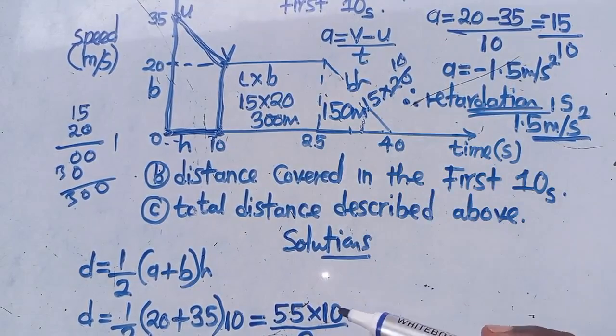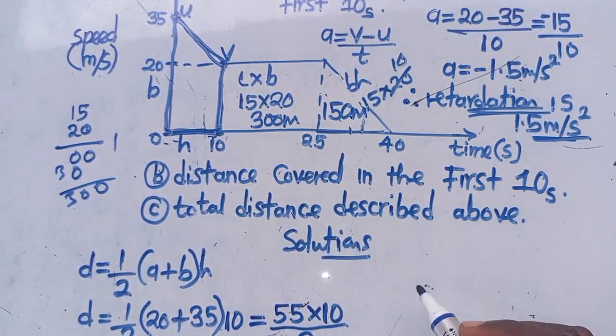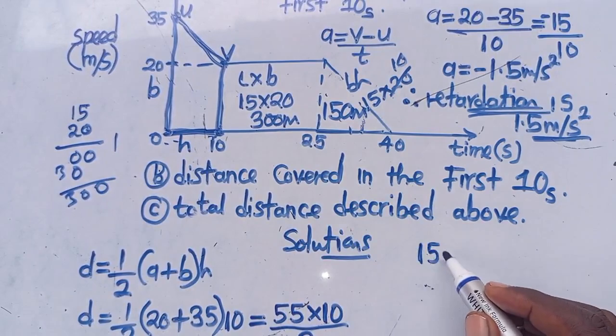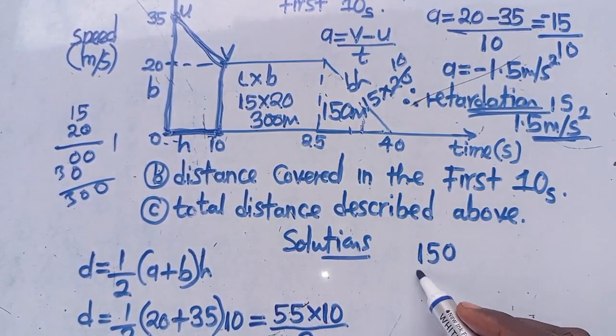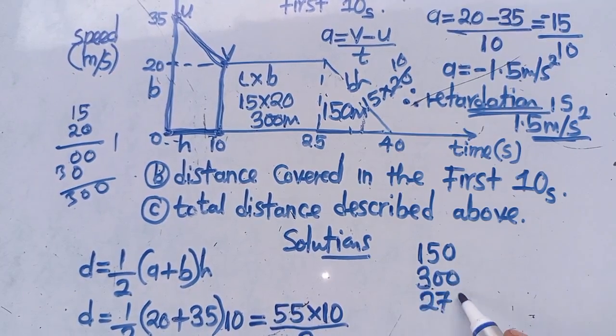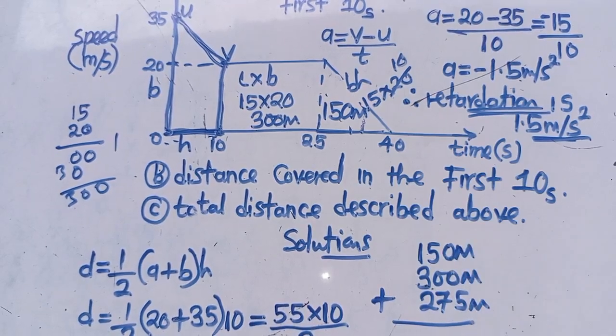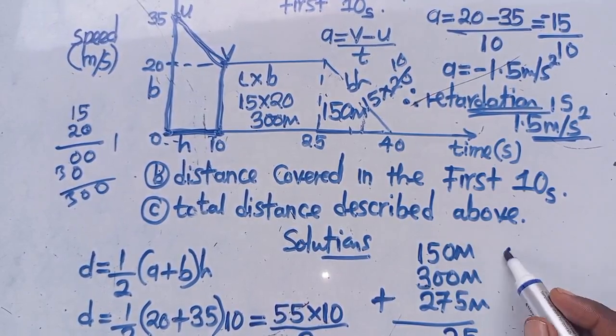So meaning that for me to find now the total distance, I get this one, that one, and this one that I'd found. So I say 150 plus 300 plus 275. What answer am I going to get? I add all these. This is meters, this is meters, this is meters. So this is 5, 2 remainder 1.